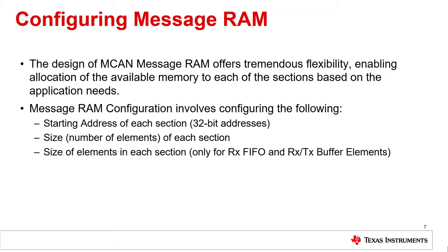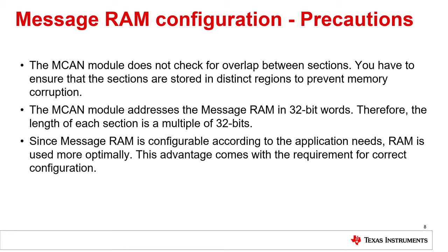Size of elements. This is determined by the frame data size and can be independently set for each section. However, the size in any single section remains constant throughout. Note that this setting is limited to the TX and RX buffers and the RX FIFOs only, as the other data storage elements have fixed sizes. Note that MCAN module does not check for memory overlap between sections.